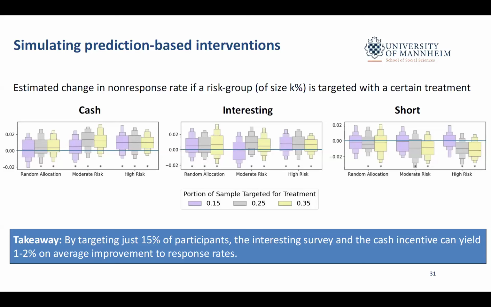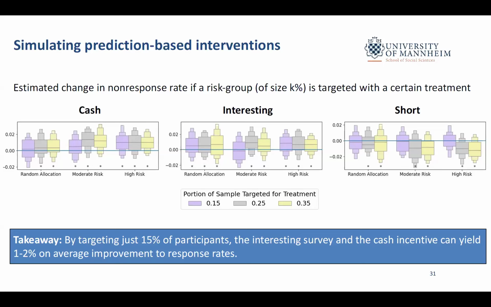So for example, by targeting just 15% of participants with either the interesting version of the survey or the cash incentive, non-response rate for that wave came down on average in our simulated scenarios by 1 or 2%.